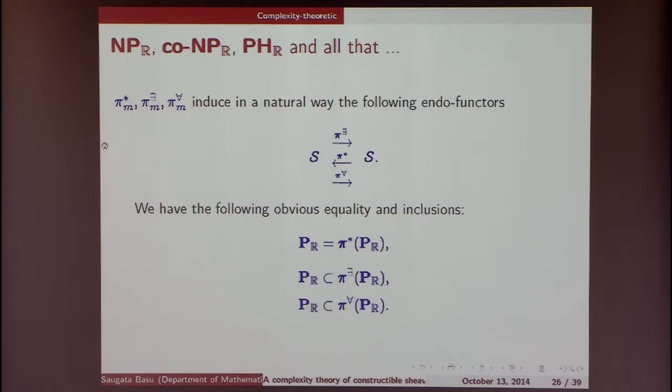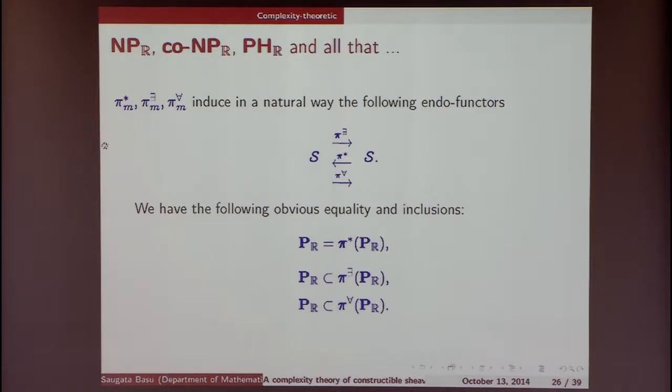Namely, remember that PR is a subset of sequences in S. So you apply pi star, you get back PR. It's closed under these pullbacks.